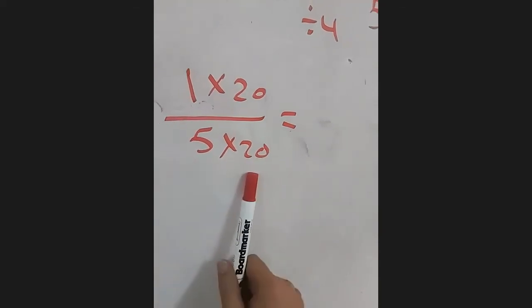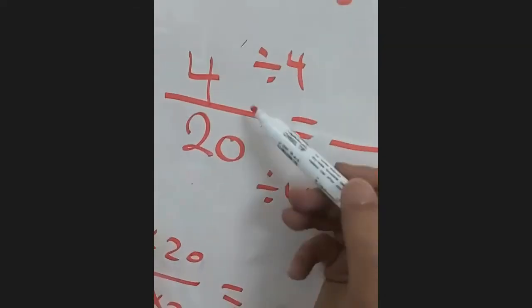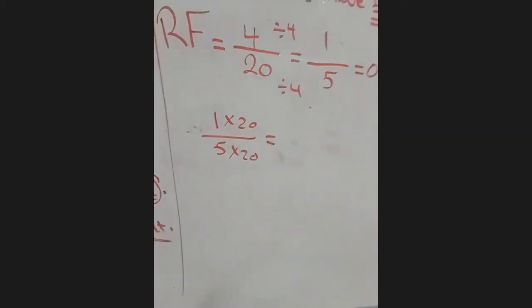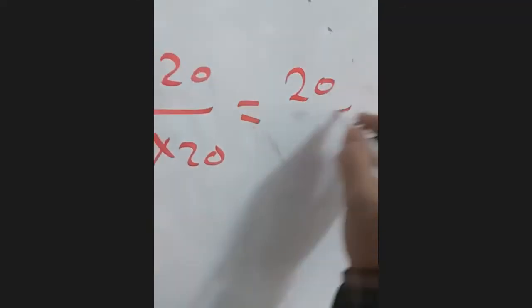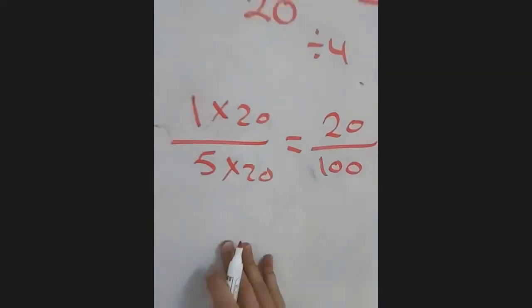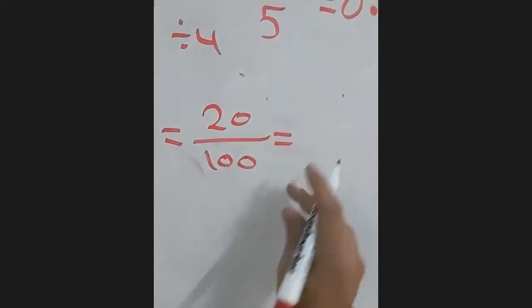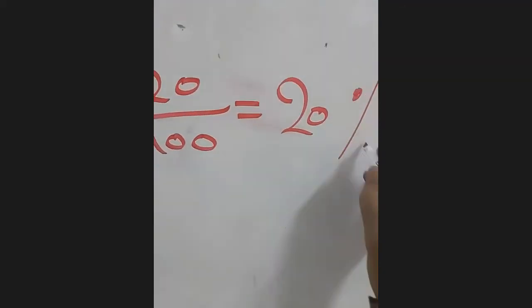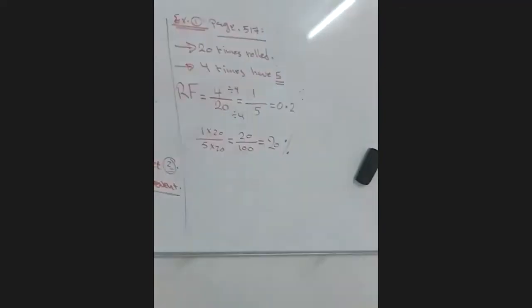By multiplying by 20. So I multiply up and down by 20, and here it will be 20 over 100. The numerator 20 over 100 is the percent, 20%. Now let's take a look at the whole solution here.